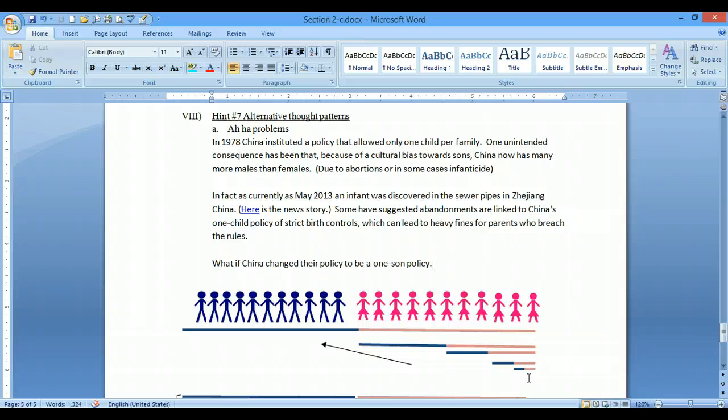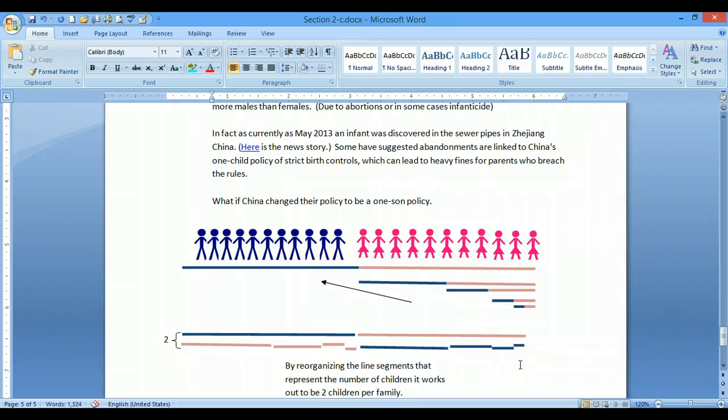So what I like to do is rearrange these a little bit by moving up these different blue segments and connecting them together, and the different pink segments connecting them together, and what do we get? All of these blue children, all of these families had a son first, and then I compare it to all of these pinks.